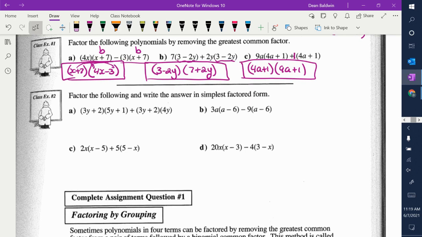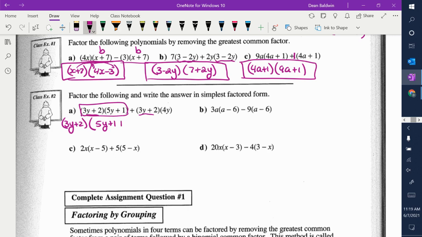Okay, next one. What is common in both? 3y plus 2. So this one and this one come out. What's left? Just look at the first term. What's left from this expression here? 5y plus 1. What's left from the second term?